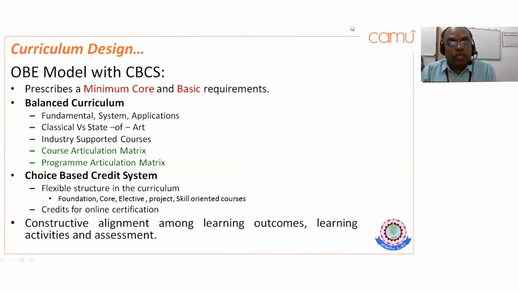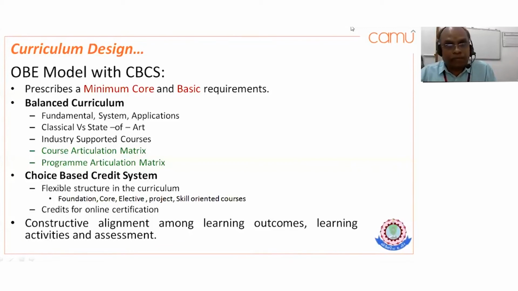So OBE, from the designer's point of view, is just outcome-based education. It covers all student needs, like a designer, project leader, entrepreneur, whoever they want to be. So it is a general framework in OBE format. But which student will take which course at which time will be decided by them. That flexibility is given by the choice-based credit system.